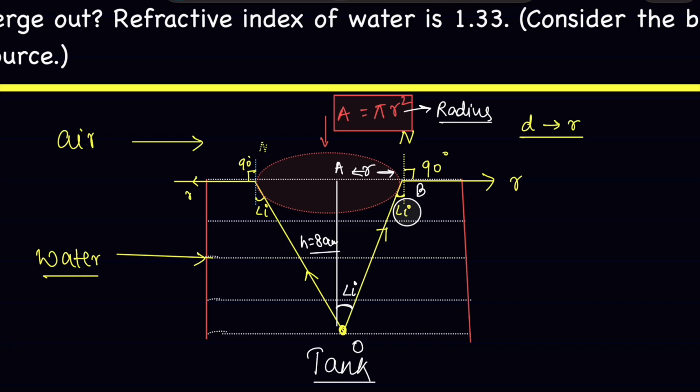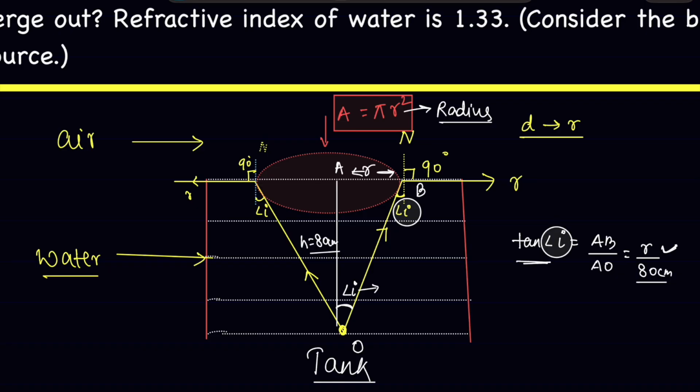If we find this angle of incidence and use the tan theta relation, tan I is equal to AB by AO. So AB is nothing but the radius, AO is 80 centimeter. So first, let's find this angle I, substitute it here, and based on that we can find the radius.